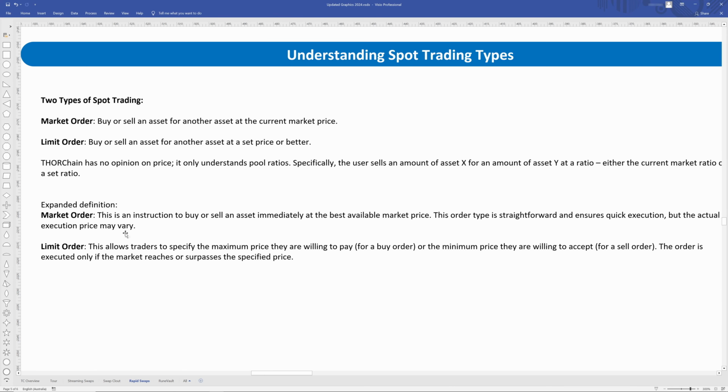We've got some expanded definitions here, but with the limit order, it's important to understand that the order would be executed only if the pool price within THORChain reaches or surpasses the specified price or ratio. And we'll go through that in a sec.